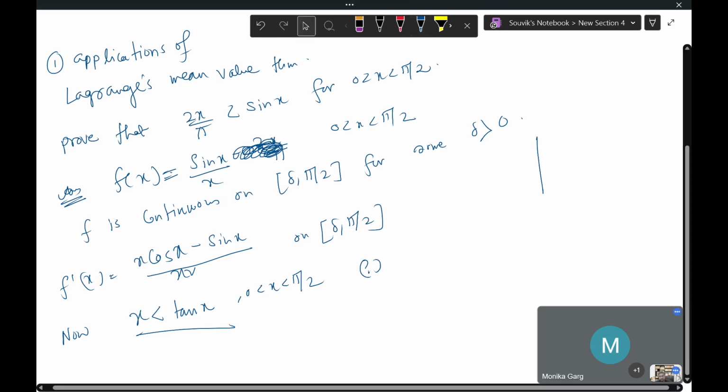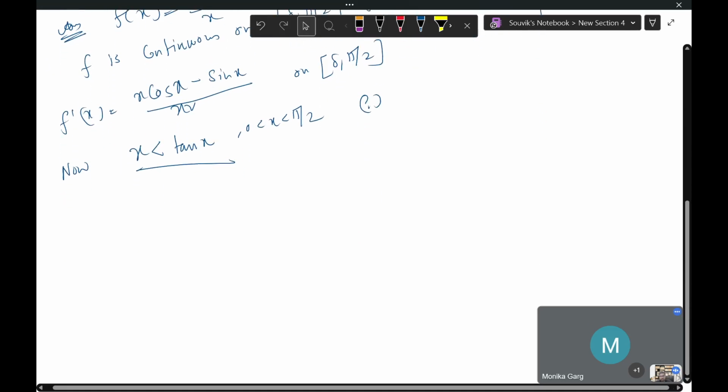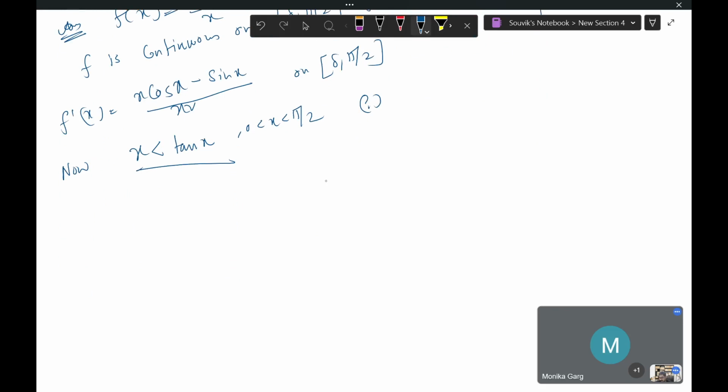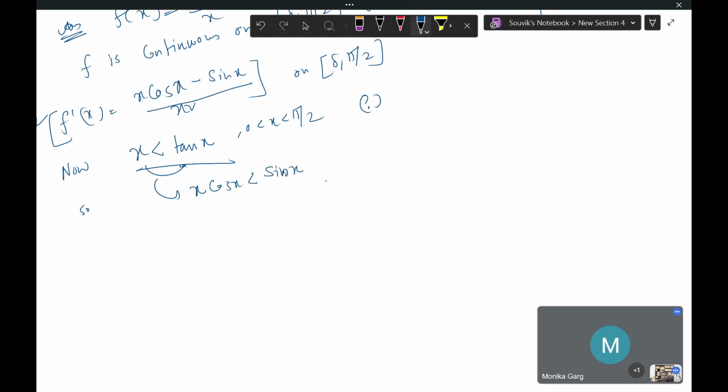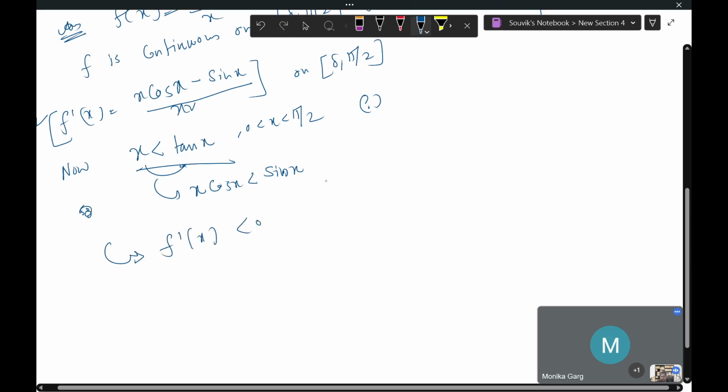Okay, so this is x less than tan x for 0 less than x less than pi by 2. Now look at this f'(x). Since x is less than tan x, this implies x cos x is less than sin x, right? So this implies f'(x) is less than 0 in delta less than x less than pi by 2.